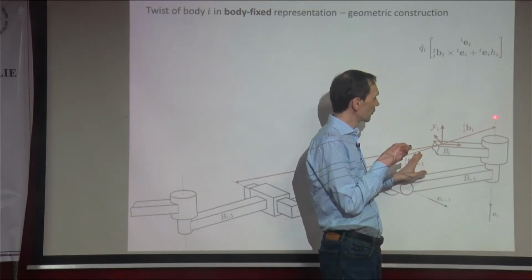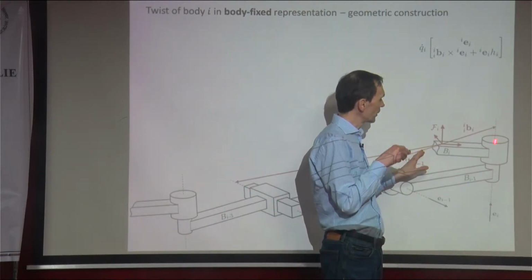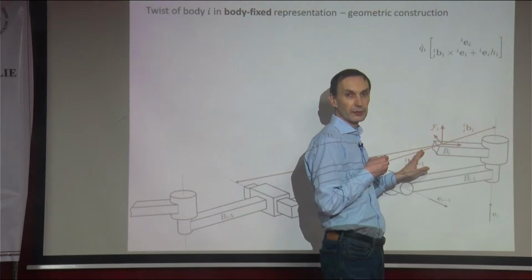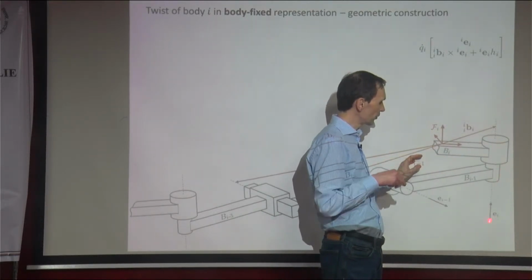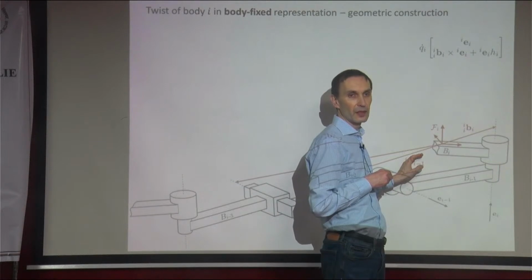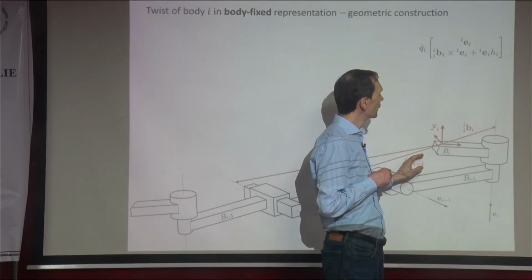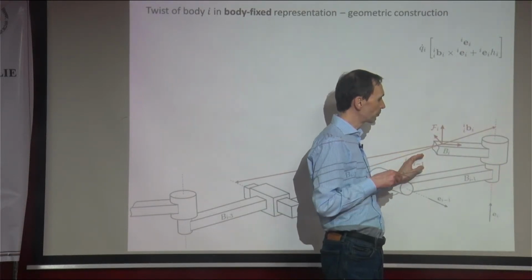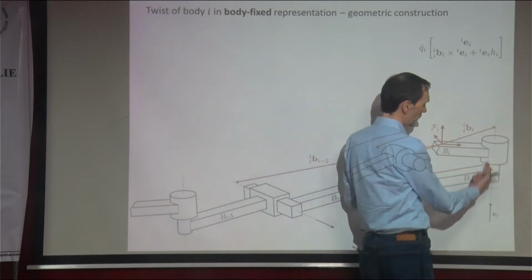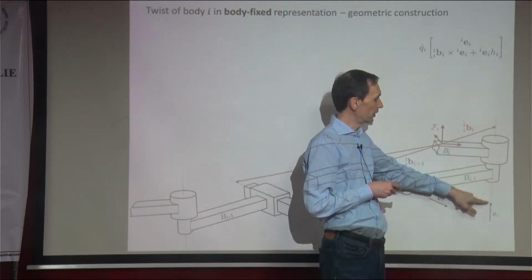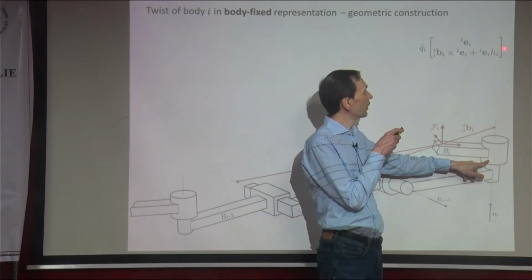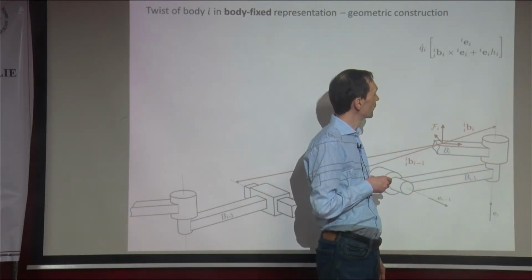And another question is, what's the linear velocity? So what's the velocity of this point due to the motion of this joint? If the joint, of course, has a non-zero pitch, then we are traveling somehow. That would be the first part, right? So we are traveling along this e_i axis times h times q dot.